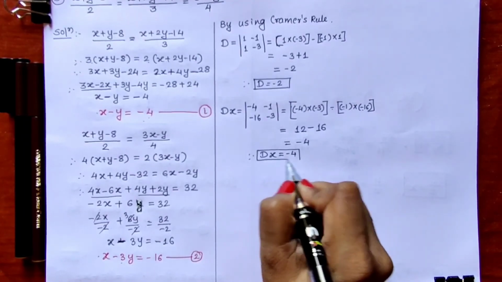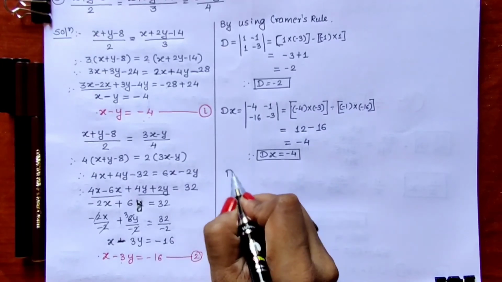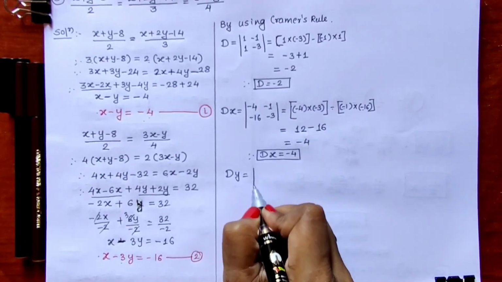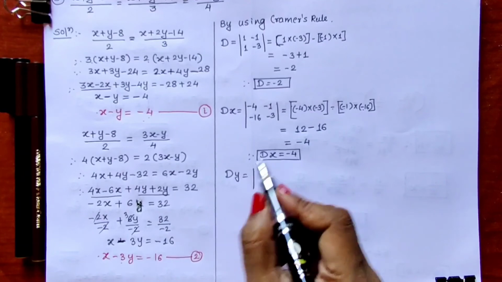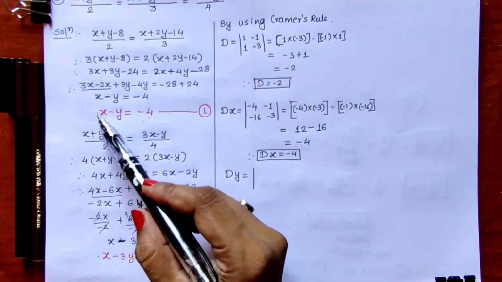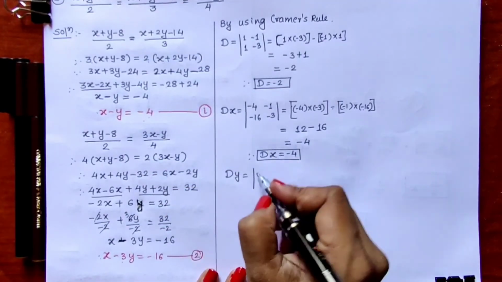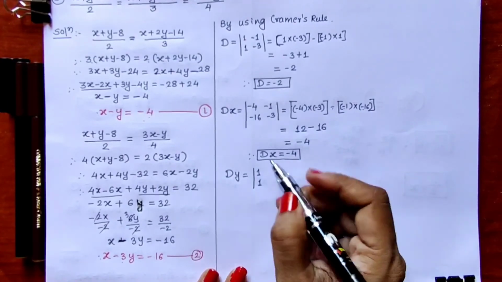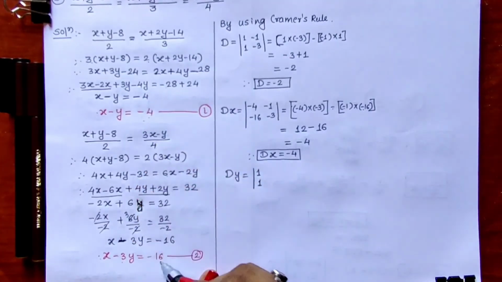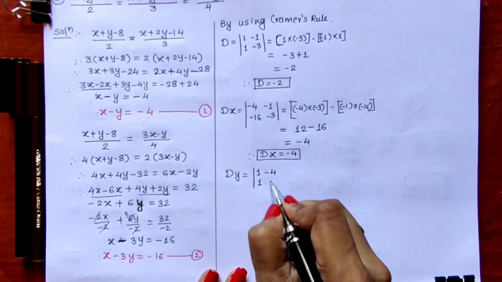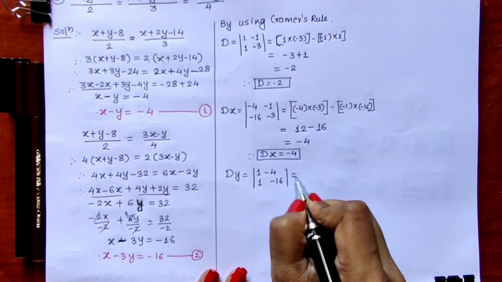Now we will have to get Dy. So Dy means what? x coefficients which are 1 here, and we will have to write the constants. Constants are minus 4 and minus 16. Now cross multiply.